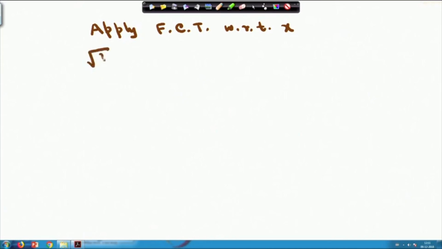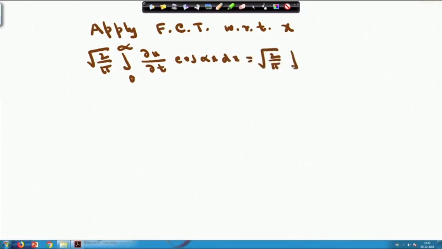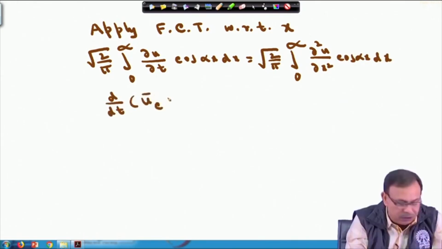you will obtain root over 2 by pi, 0 to infinity, del u del t into cos of alpha x dx. This is equals to root over 2 by pi, 0 to infinity, del two u del x square into cos of alpha x dx, which gives d dt of u bar c.